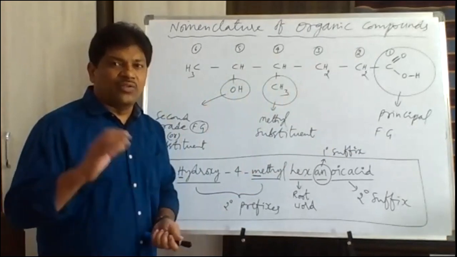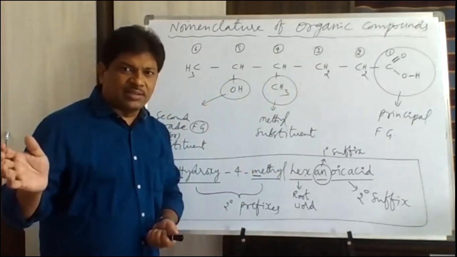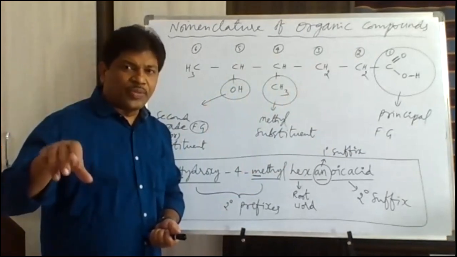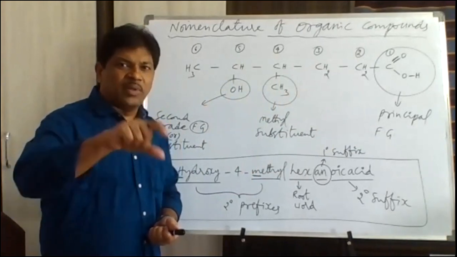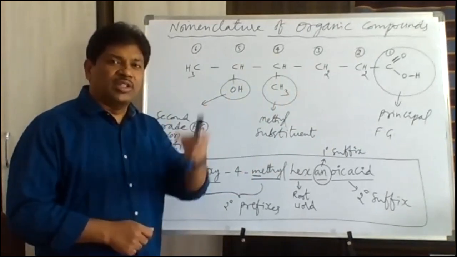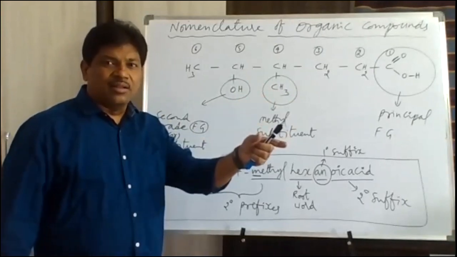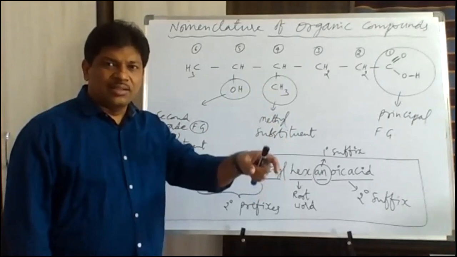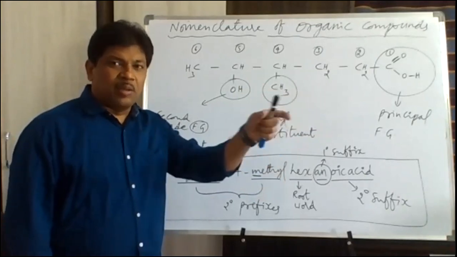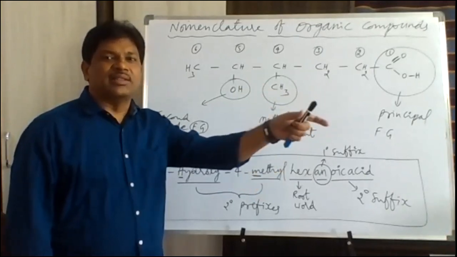In the prefixes, we have different types like number prefix, numerical prefix, secondary prefix and primary prefix. After the word root, whatever we write is called suffix. In the suffixes, again, primary suffix, secondary suffix, number suffix and numerical suffix.